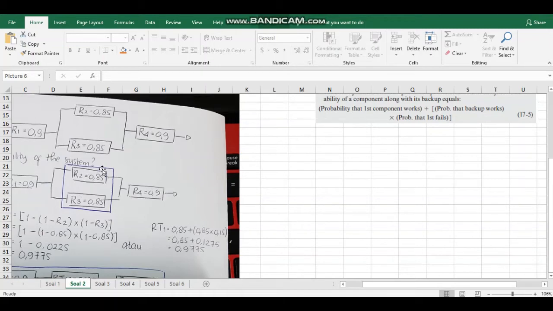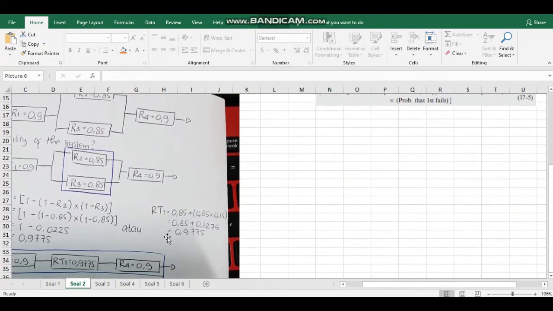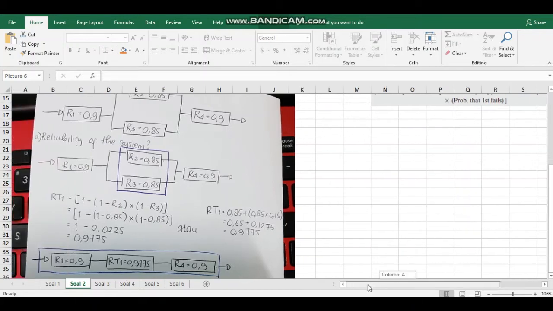So the probability that this one fails is 1 minus 0.85, so it's 0.15, right? So for the probability that the first fails, you just have to subtract the reliability of the first component from 1. So we have to add 0.85 plus this calculation, which is 0.1275, and that is the reliability for this parallel form. Finally, we have this number, 0.9775.